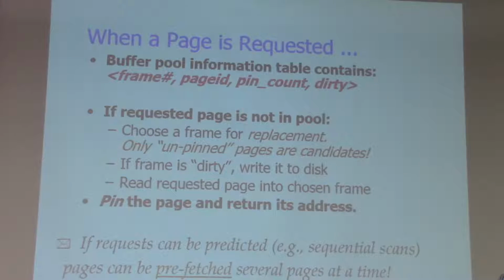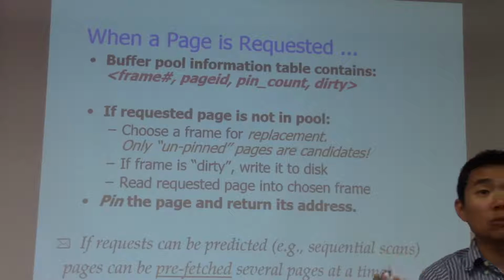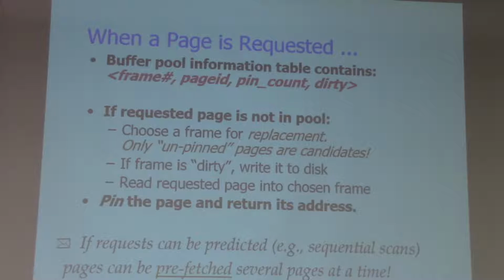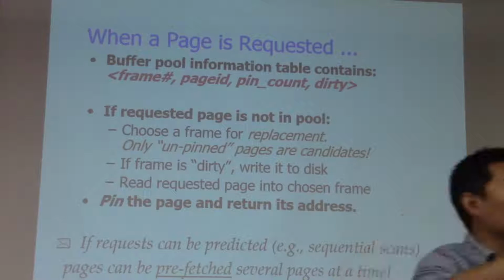So think about what kind of buffer frames you can replace. If you understand what I said earlier about the pin count, it should be fairly straightforward to figure out which frames you can actually replace. You can only replace those buffer frames with pin count equal to 0, because if pin count is not 0, that means some threads are still actively accessing that page.